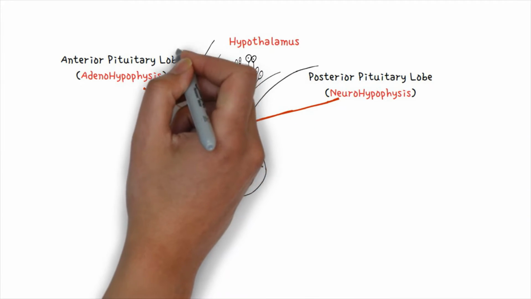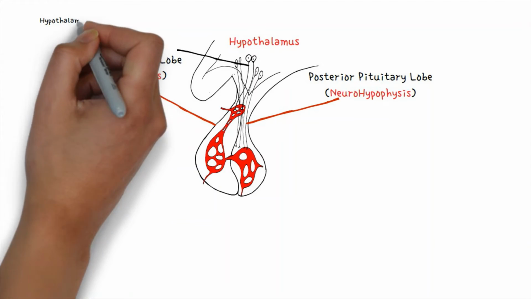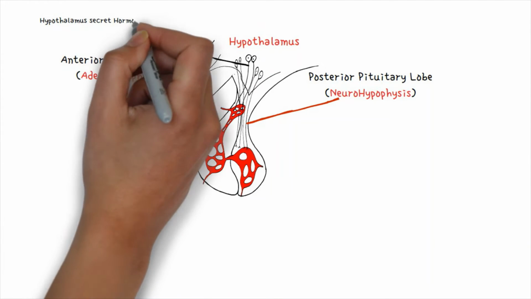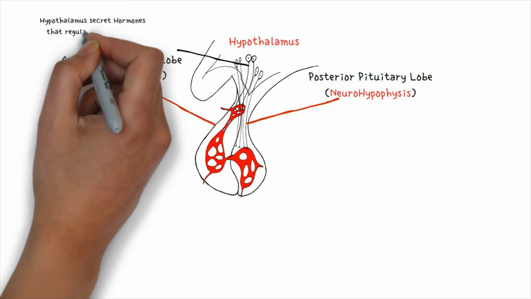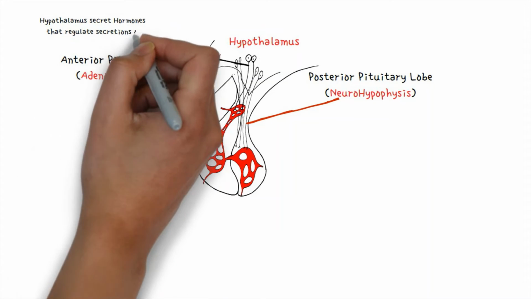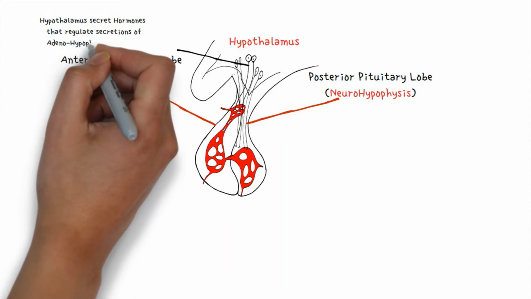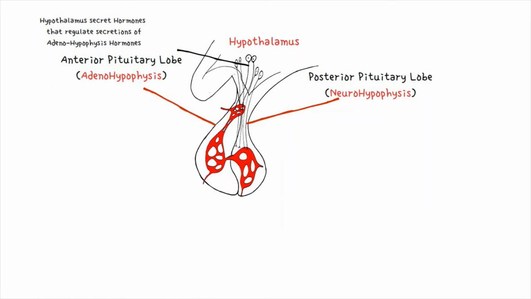So now hypothalamus produces releasing and inhibiting hormones which regulate the secretions of the adenohypophysis hormones, and these hormones are called regulatory hormones which either cause the stimulation or inhibition of the anterior pituitary hormones.